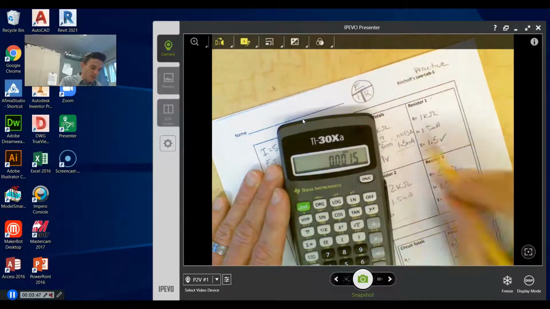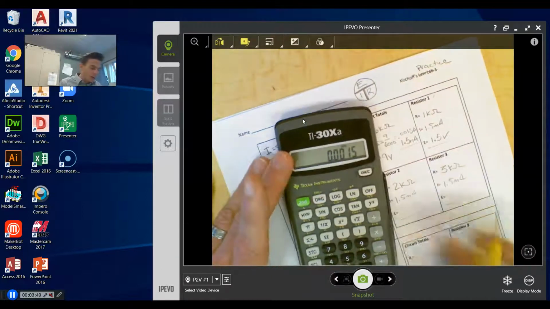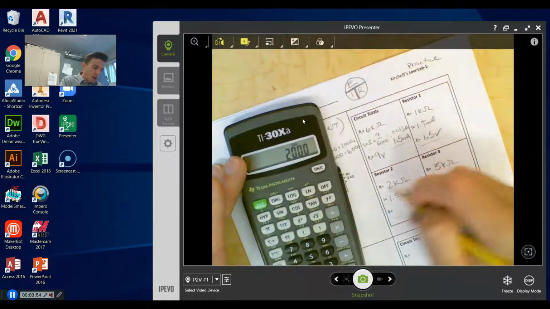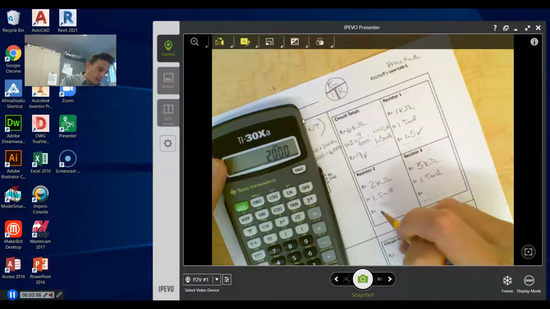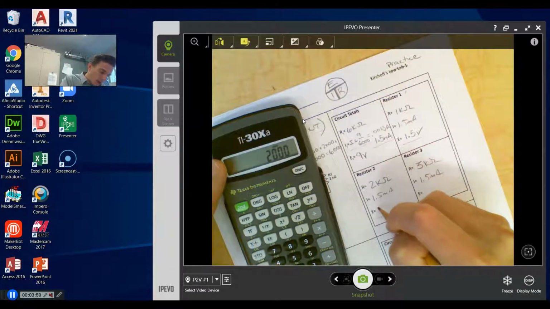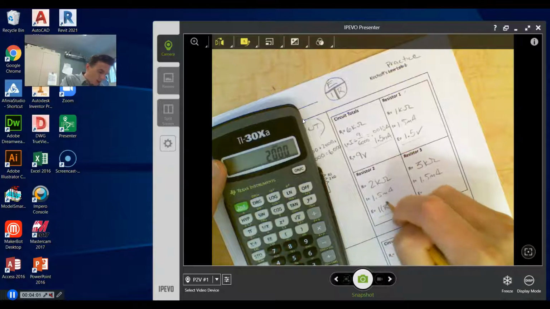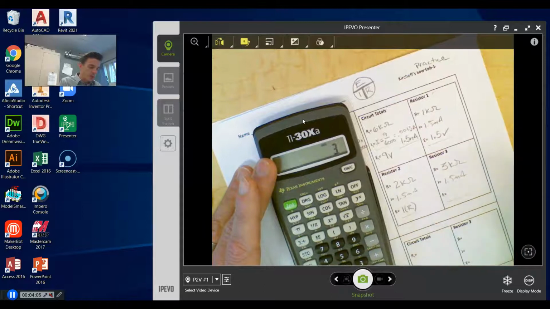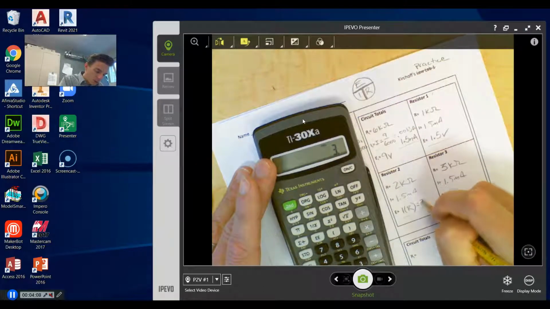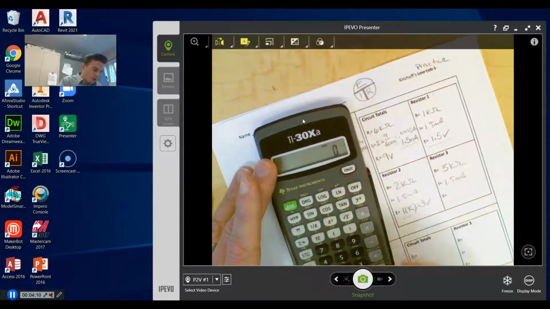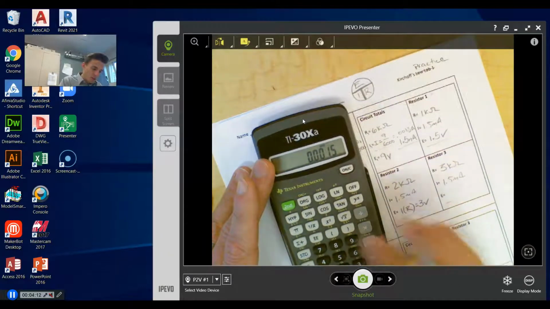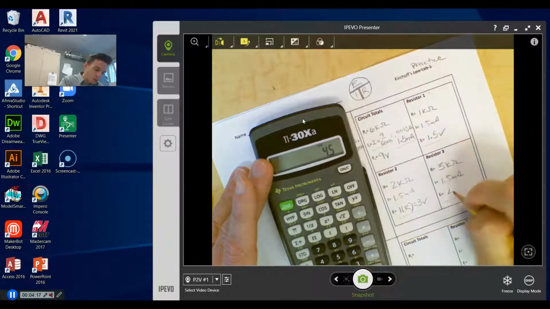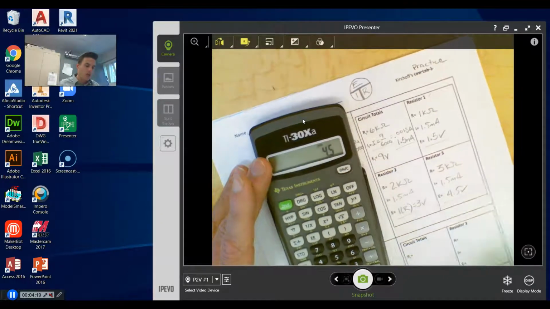Now I'm putting this value back in and multiplying by 2,000 because again, E is equal to I times R. So my I is 0.0015 times my R, which is 2,000. This is equal to 3 volts. And then 0.0015, my current, times my resistance here, 3,000, is equal to 4.5 volts.